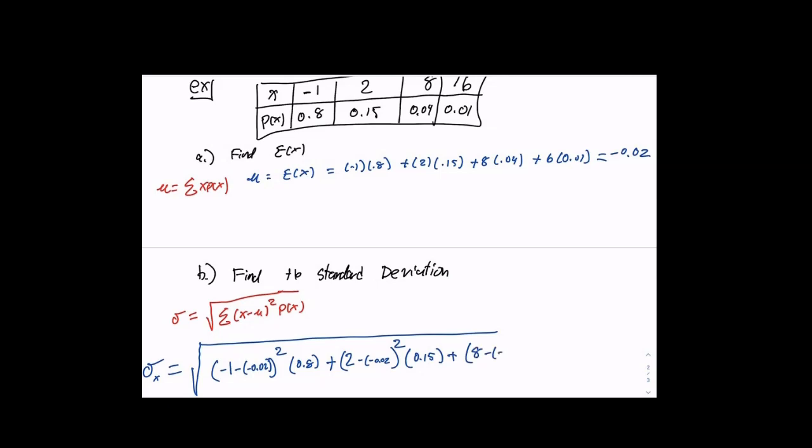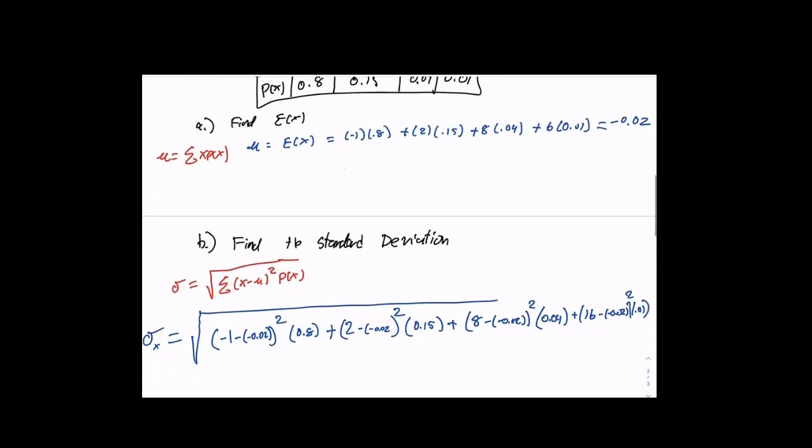Subtract the mean, -0.02, and I'm going to square that. Multiply by 0.04. Plus the next output, 15 minus -0.02 squared. Oops, put the square in the wrong spot. Times its probability, 0.01. And that's the work.